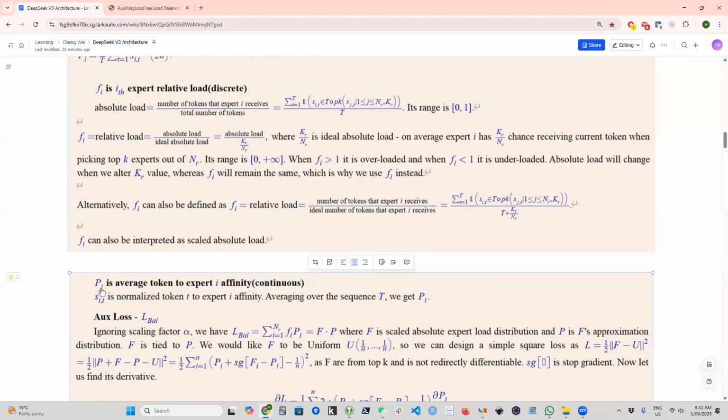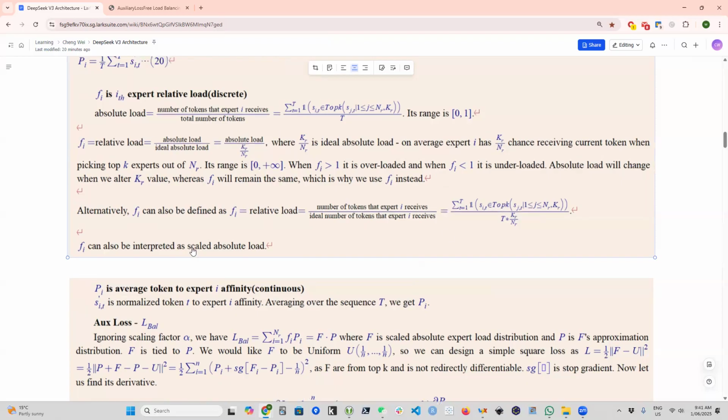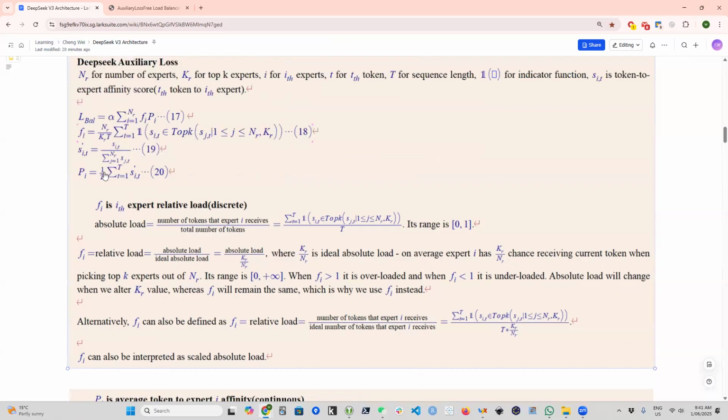Pi is actually the continuous version of Fi. Fi is the discrete version because we are applying top K, right? And Pi here is a summation of this score, this probability. Then we average over all the tokens in the sequence.